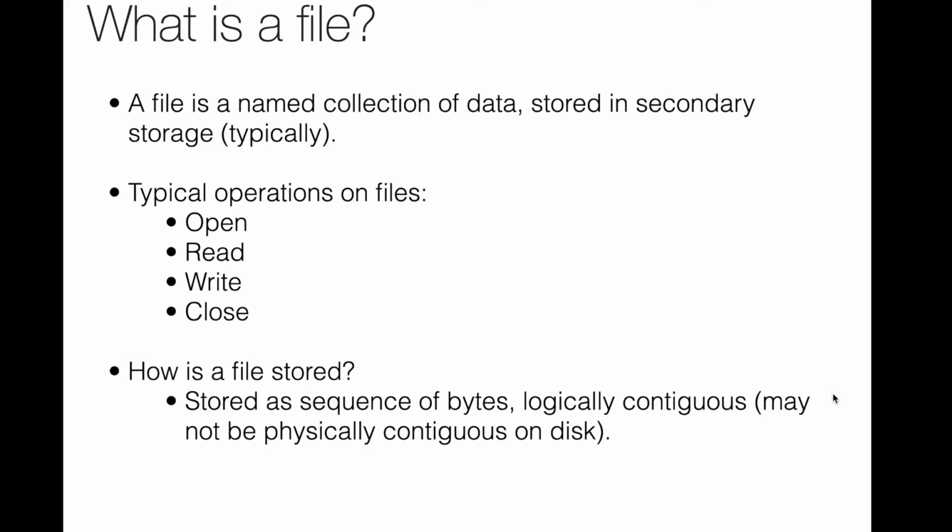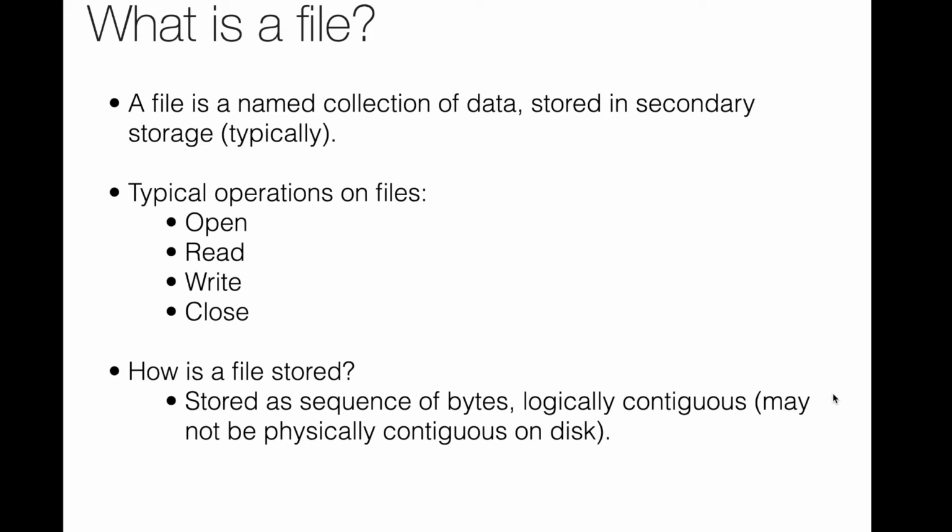But those disk fragments will be logically connected to each other. So a file is a sequence of bytes stored in a logically connected location in your secondary hard drive or secondary storage device. I hope you all have a clear idea about what a file is and what operations we need to perform on a file, right?